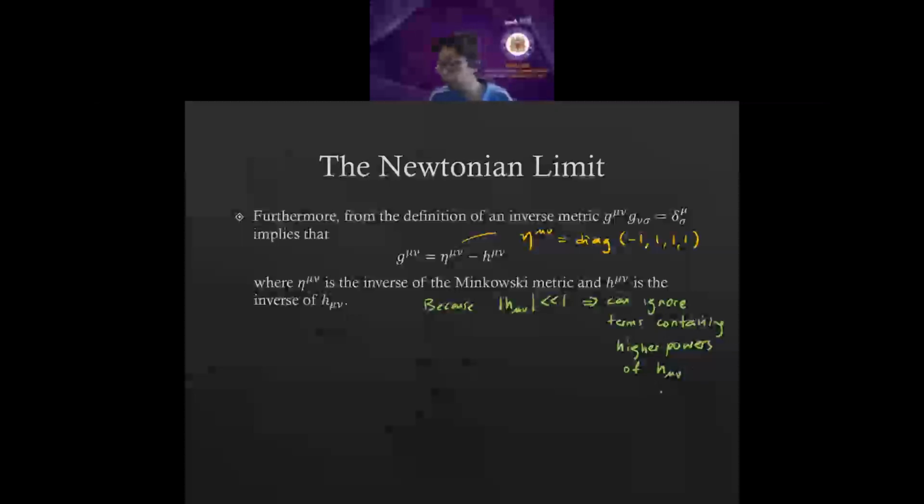Which means that we can ignore, for example, terms containing products of h. Suppose that you have h00 times h00, you can ignore that. h01 times h00, you can ignore that.